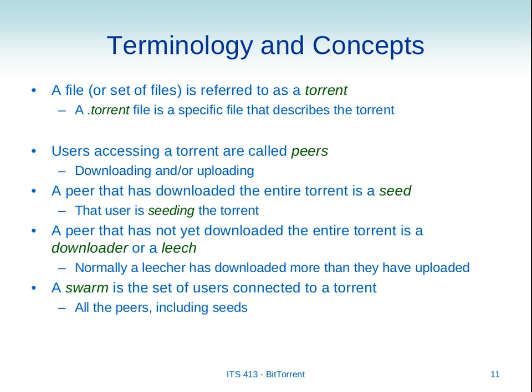First we'll introduce some terminology and concepts, because we want to download data from multiple clients or multiple other hosts. We'll refer to the data that we want to download as a torrent.